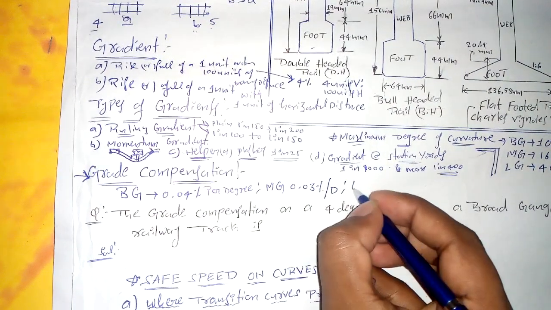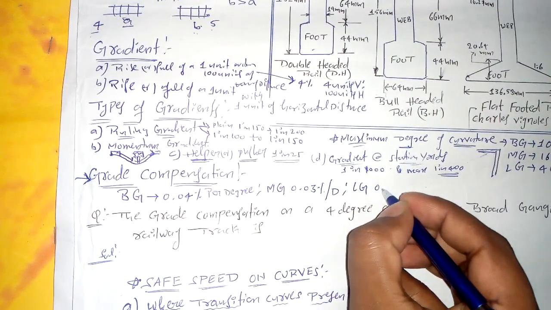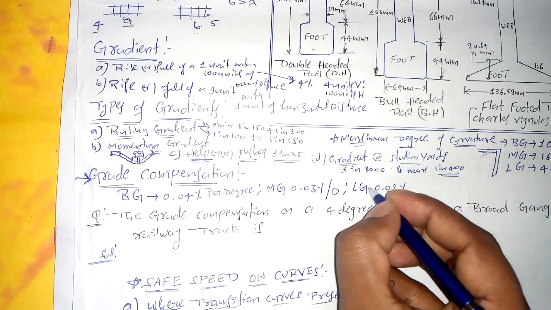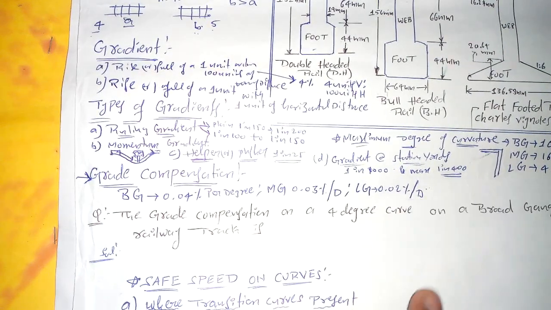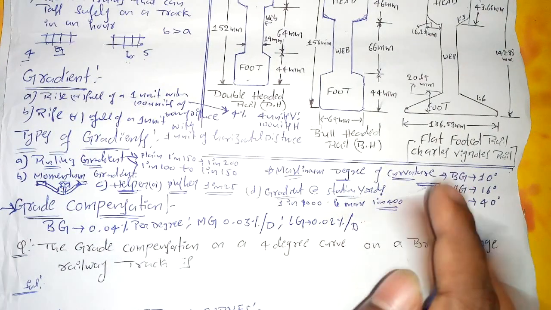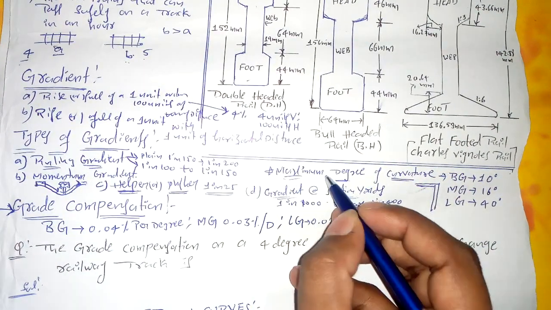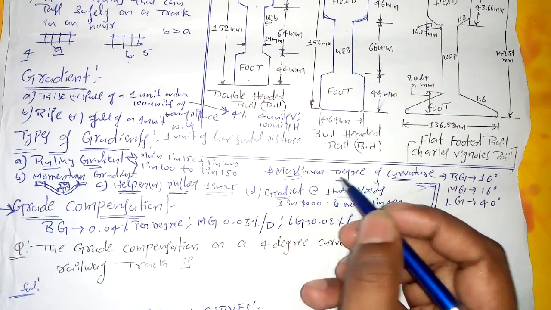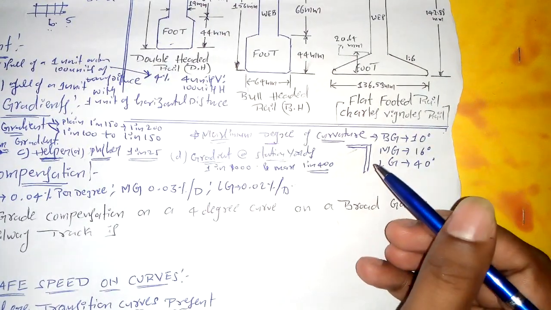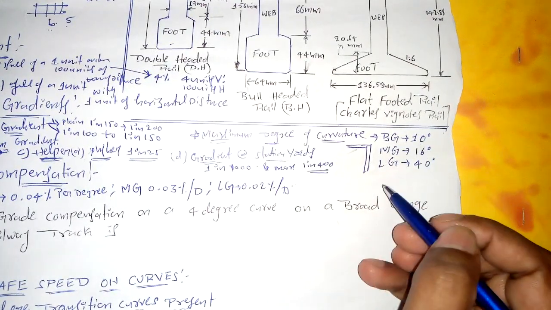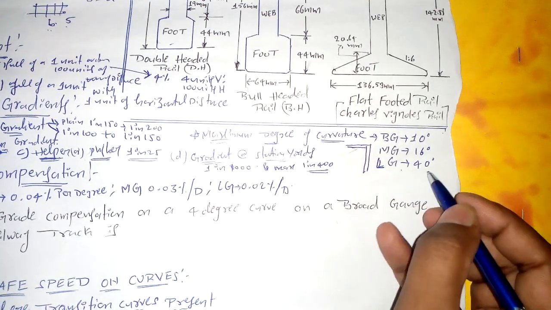For a light gauge, it is 0.02% per degree of the curve. So there are certain conditions for the maximum degree of curvature. For broad gauge it is 10 degrees, for meter gauge it is 16 degrees, for light gauge it is 40 degrees.